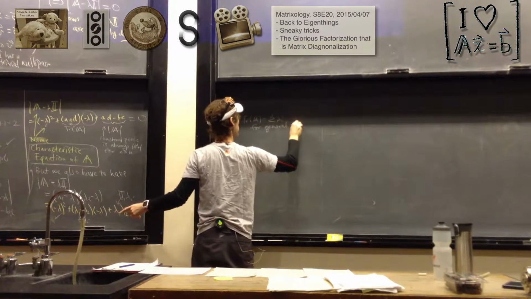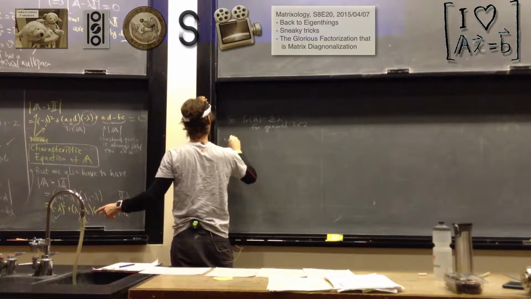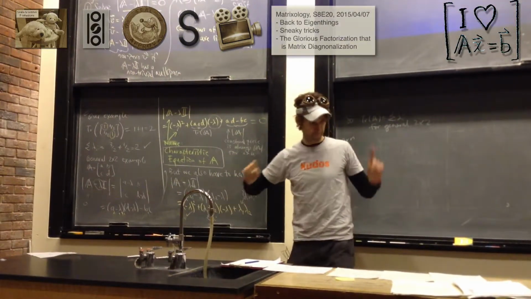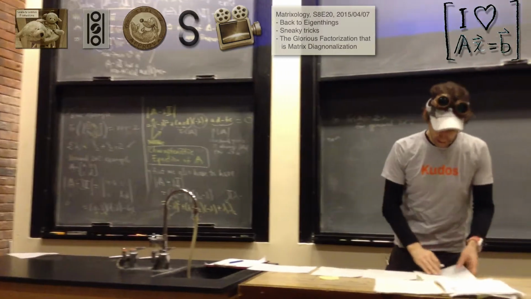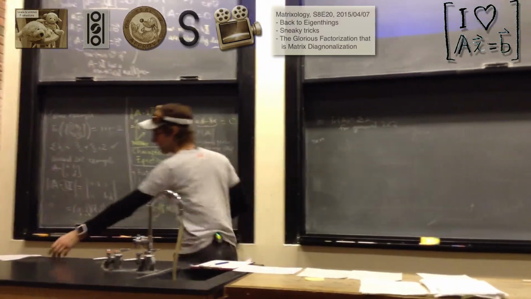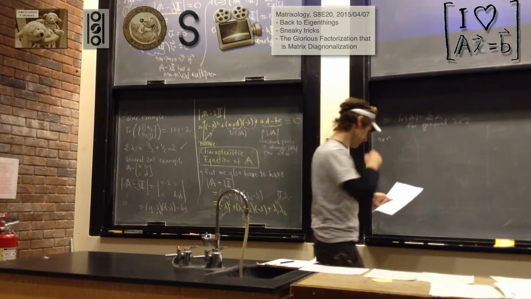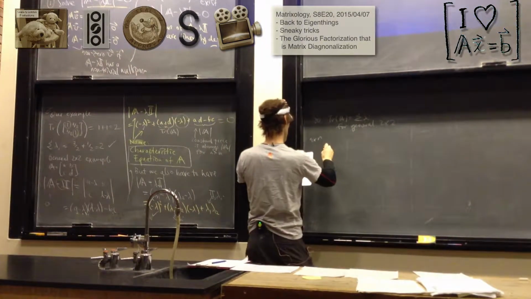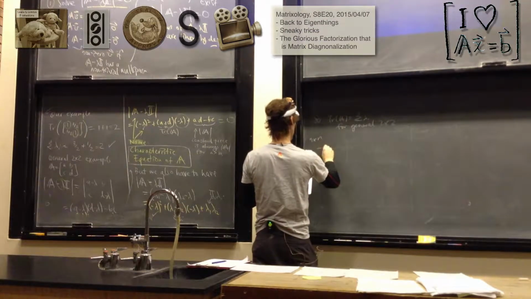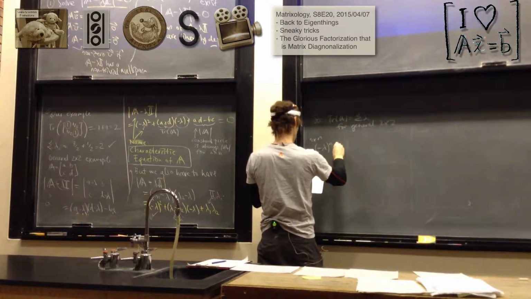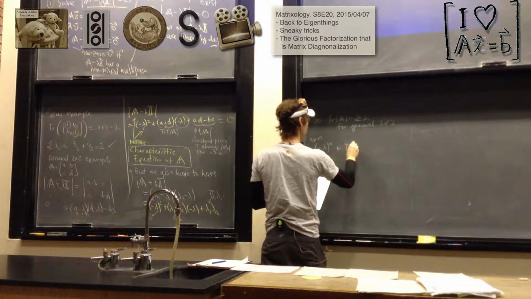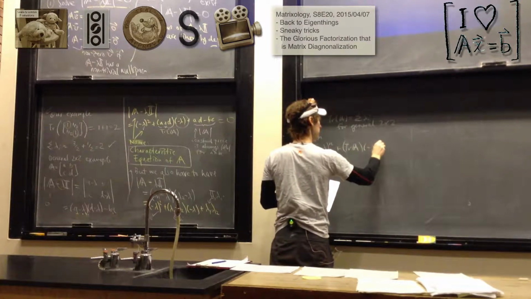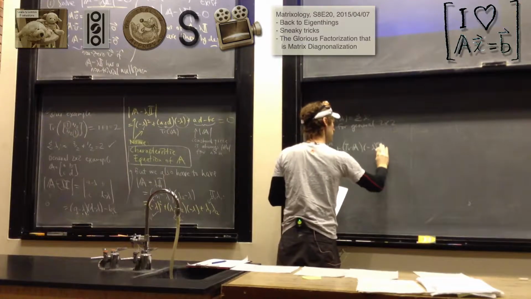General 2 by 2. And then for an n by n, when you do these same things, what's going to happen is, here's my little piece of paper, you'll get, which one did I put at the top? That one. Okay. You're going to end up with minus lambda to the n plus the trace of A times minus lambda to the n minus 1, sorry.